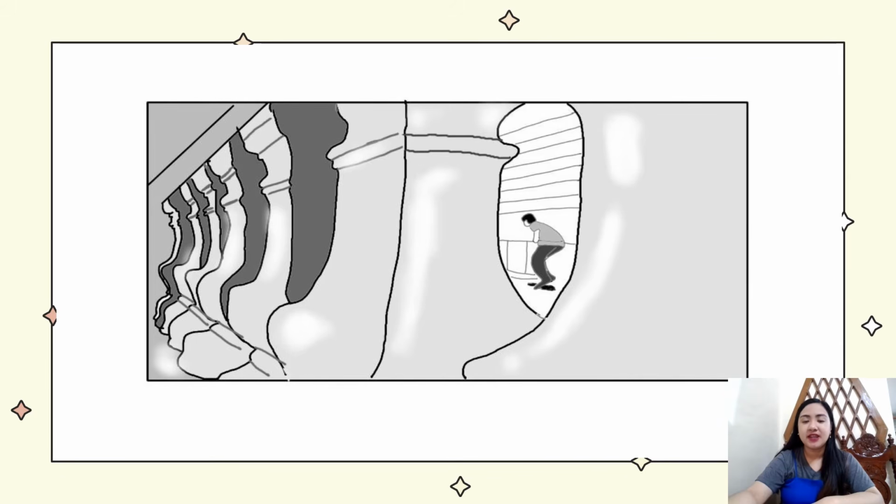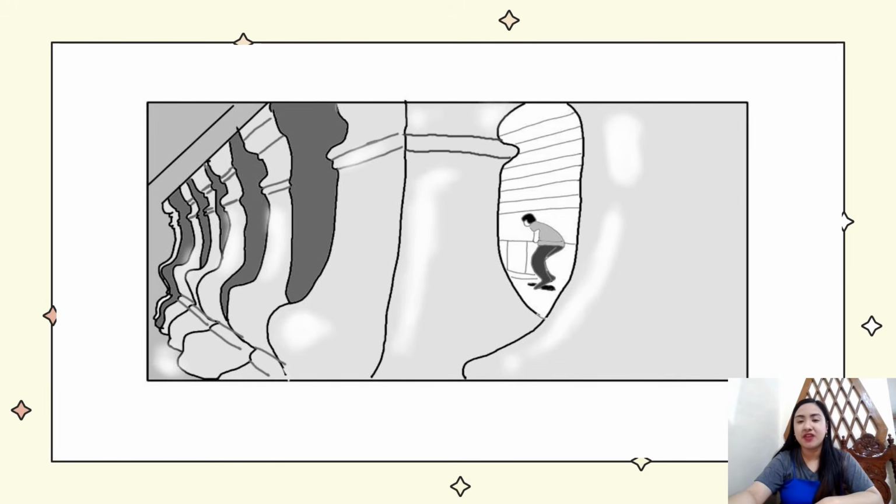So, in this example, the frame is focused on the person in this picture. It is the subject of the artwork and not the fence. Although the majority of the image has fence on it, it is the person inside the fence who is the focus or the subject in this picture.